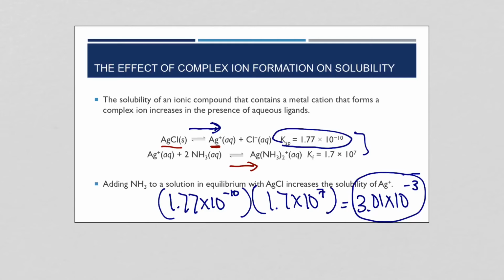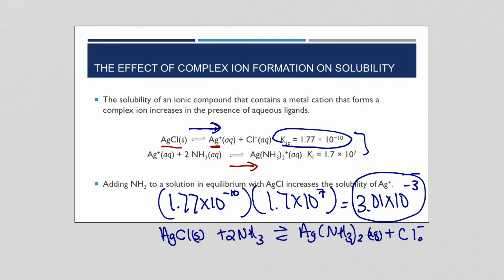So if we were to draw out the overall equation here, we would end up with silver chloride solid plus 2 ammonia in equilibrium with our complex plus chloride ion.